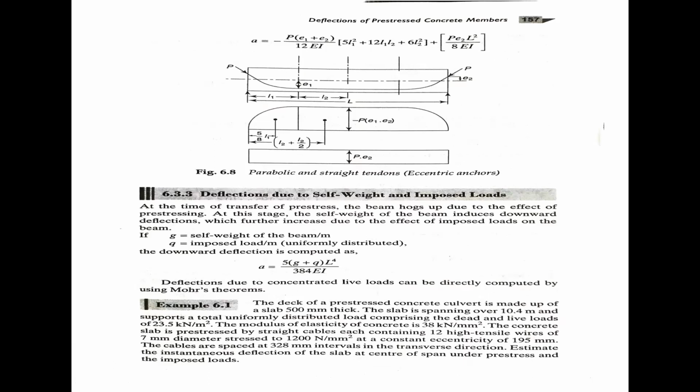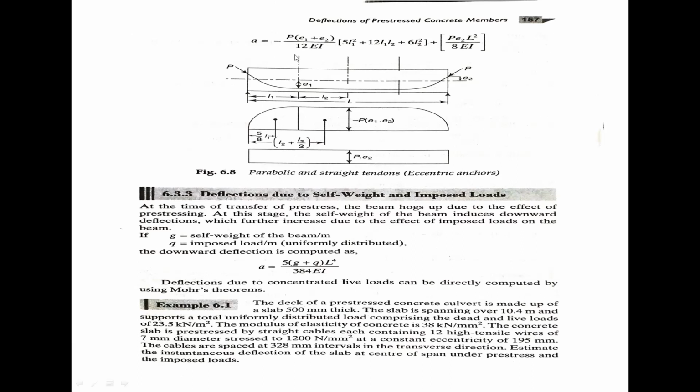We have two bending moment diagrams for eccentric anchors: the support bending moment diagram and the central bending moment diagram, for eccentric anchors, parabolic and straight tendons. Now see the diagrams, two bending moment diagrams. Now we calculate the deflection.